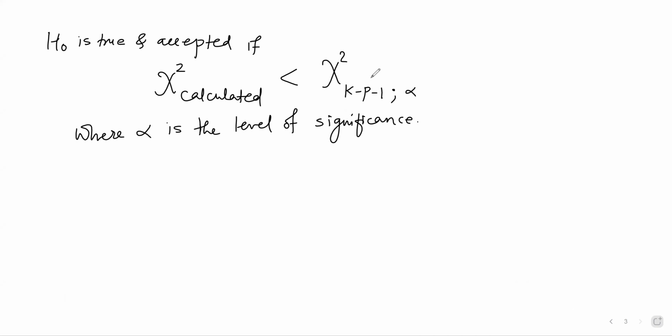We reject H0 when it is greater. So here we accept it when it is less than or equal to, for that level of significance; otherwise we reject it.